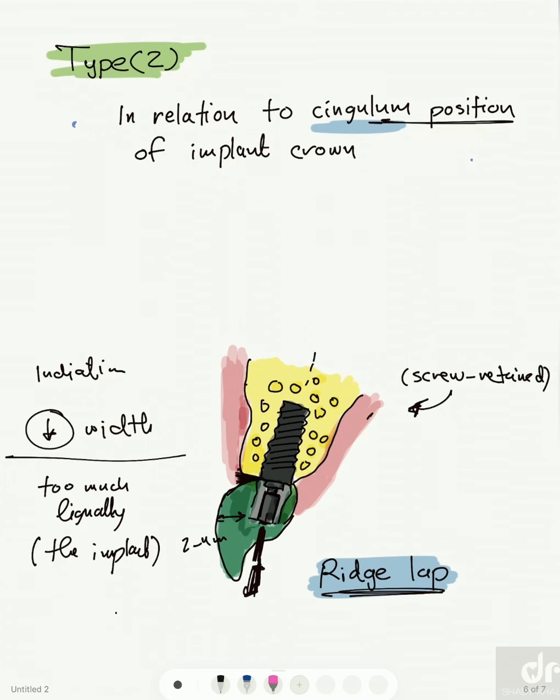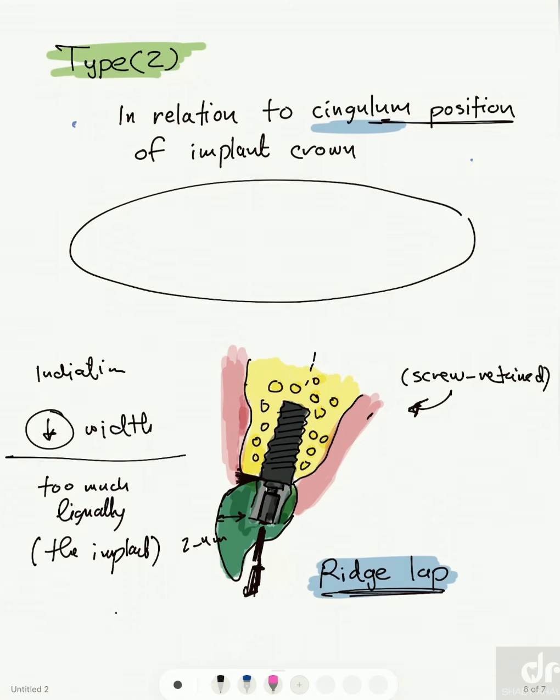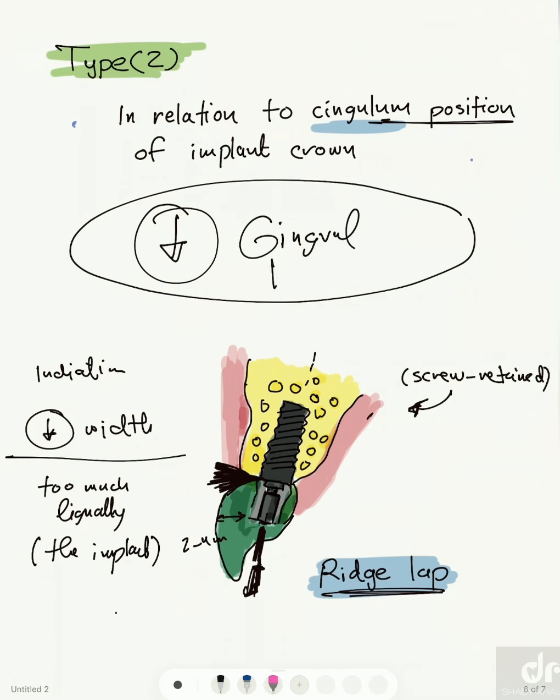But there is a risk in this type. If you see the black triangle that I draw here, underneath the crown there will be like a sulcus, like a groove inside, which will decrease the gingival health.